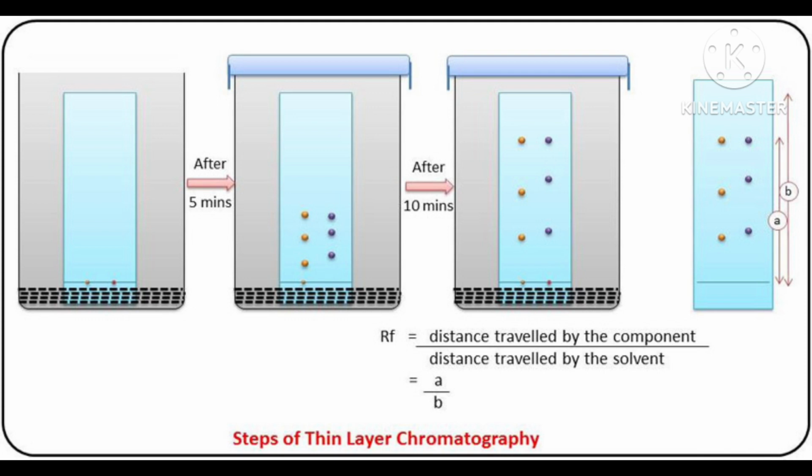Mobile phases means I am not talking about only one solvent, maybe a mixture of 2-3 solvents as a mobile phase. Then suppose one component may dissolve in one type of solvent, another will dissolve in another type of solvent, the third will dissolve in a third type of solvent.